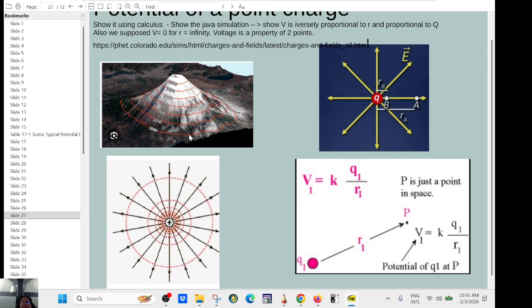So you can define equipotential. You have to think of equipotential as contour lines. Like if you go hiking, you cannot have a 3D map, right? You have a 2D map. So to show the steepness, you have to make contour lines.